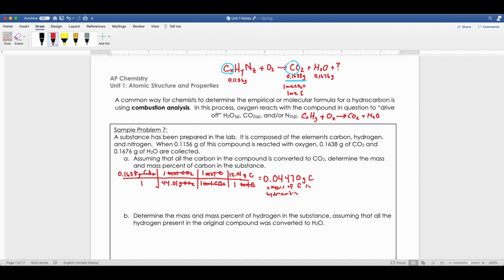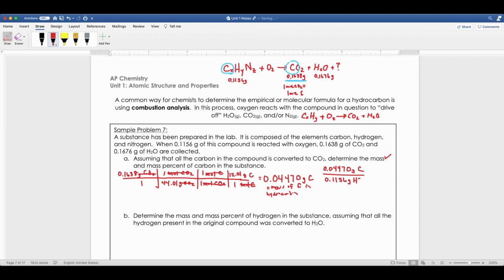And let's soon determine the mass percent. So what percentage of that unknown hydrocarbon is carbon? Let's take the mass of carbon that we know is in that sample, and I have 0.1156 grams of the hydrocarbon.